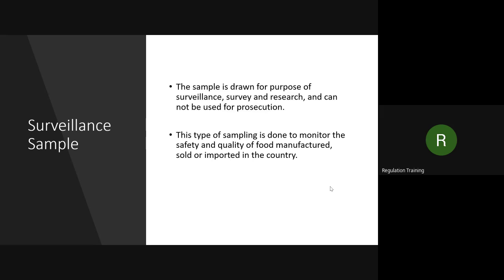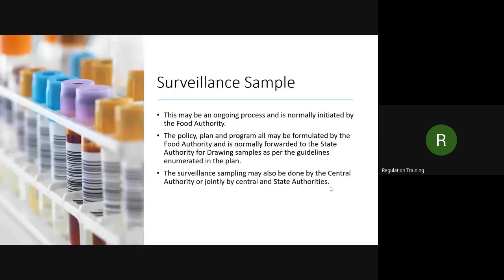They can tell the public, if you come to know, please let us know, and I will give you a 50,000 or 1 lakh award. If you bring any fraudulent activity to the FSO's notice, you will get a reward. Such corrective actions can also be taken by the government. So that is the surveillance sample.